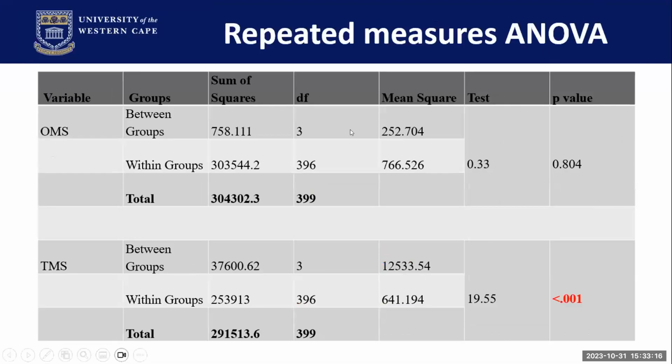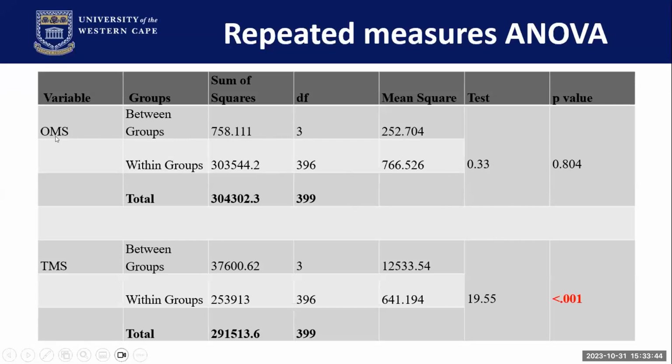Repeated measures ANOVA was carried out. Looking at the orthodox medicine setting, between groups and within groups, we wanted to compare the baseline measurement and the follow-up assessment periods. At the orthodox medicine setting, the test shows that the difference between the means of the time periods was not significant.